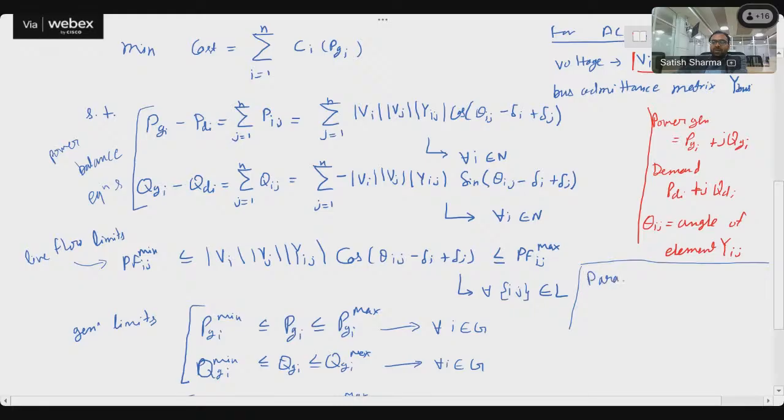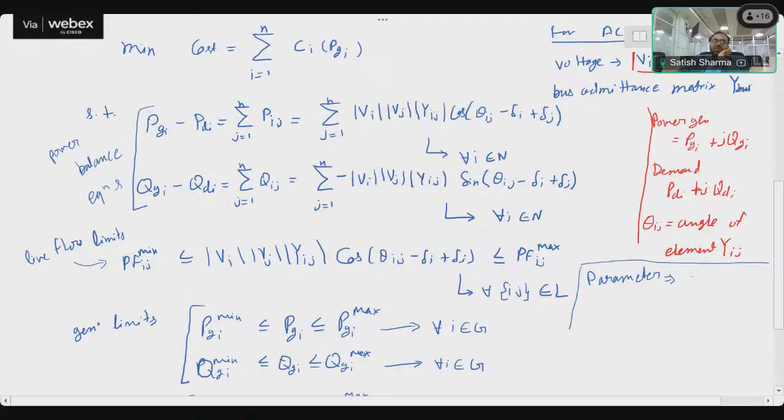So what are the parameters and what are the variables? So Vi, Vj and theta ij. So these are the variables, correct? Voltage magnitudes and voltage angles are variables here, and whatever is the rest is parameters.